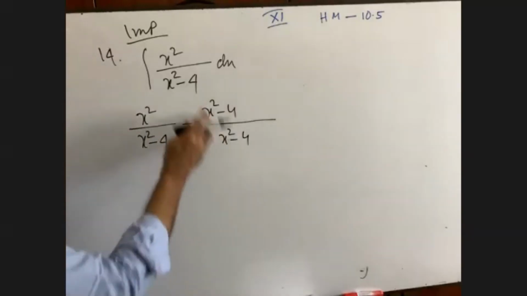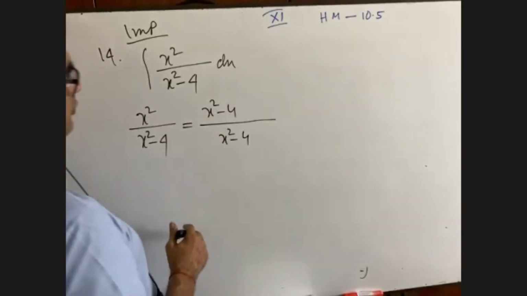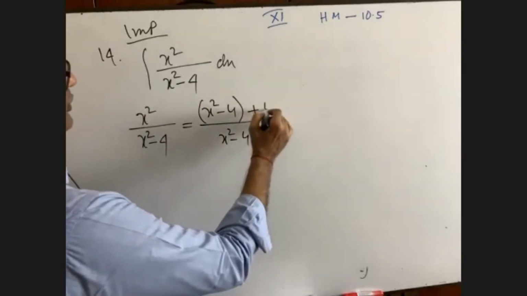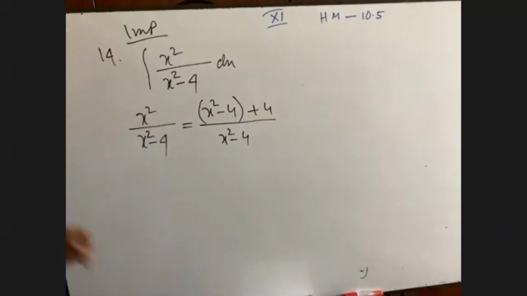So we have got the same, right? Yes, we have got the same. But here it is only x square, so plus 4 will be given. Now you see we have got the numerator same; plus 4 and minus 4 will be omitted.